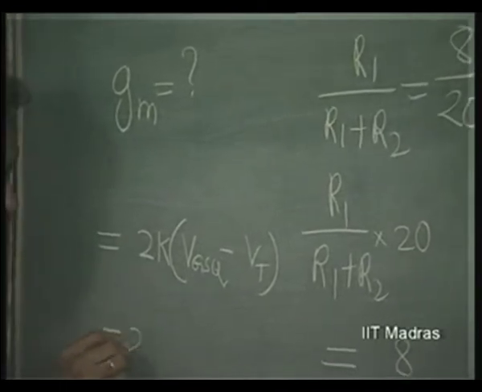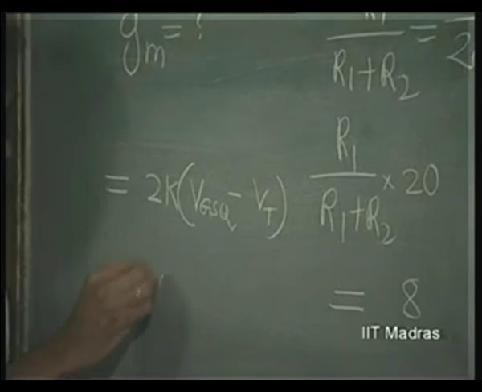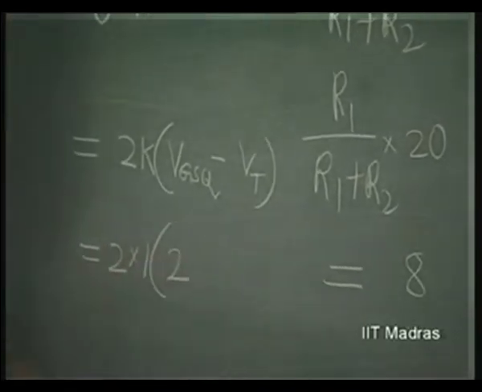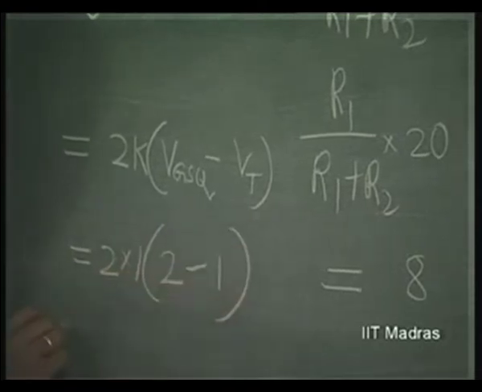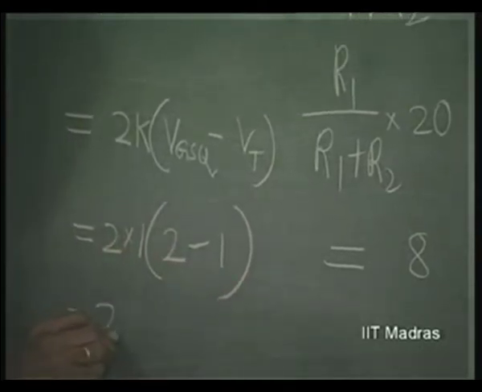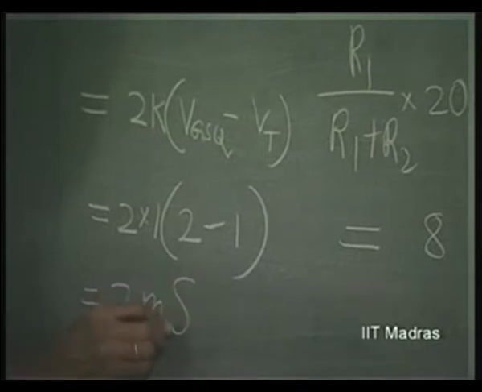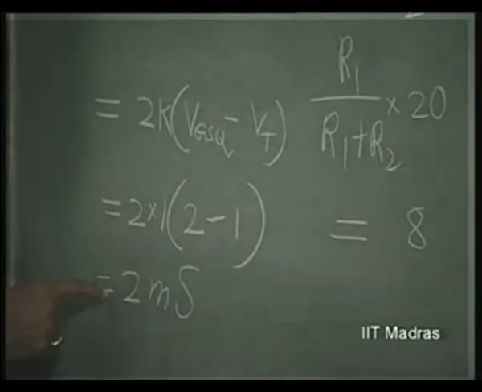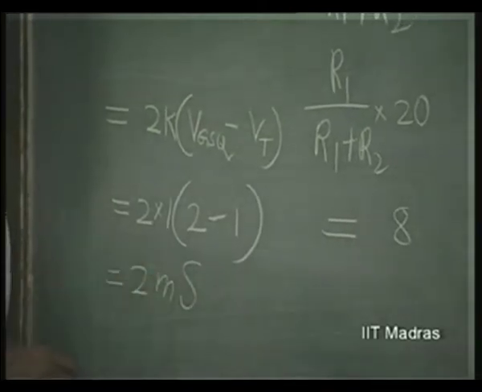So this is 2 into K is 1, VGSQ is 2, VT is 1. So this is equal to 2 millisiemens. At the operating point, the GM of the FET is 2 millisiemens.